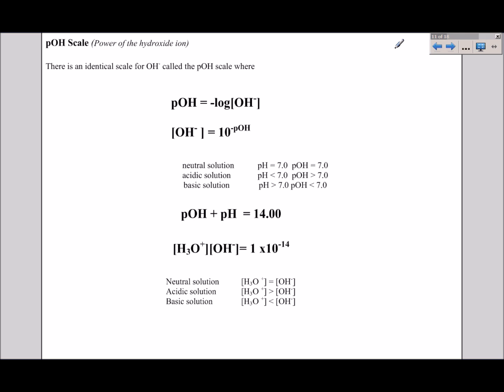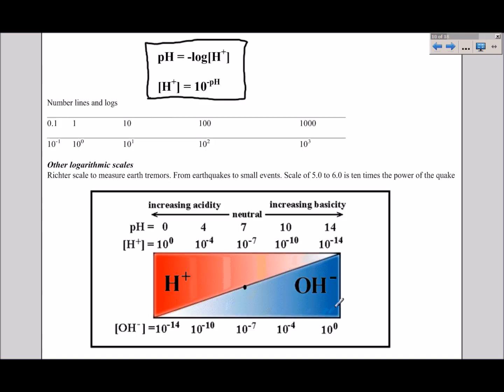However, it's important to recognize that there's always hydroxide in the solution, and so we can always study the concentration of hydroxide in the solution in much the same way that we can study the hydrogen ions in solution. So when we look at the hydroxide, we can see the range of concentrations of hydroxide as being exactly the opposite of the range of concentrations of the H plus in the solution.